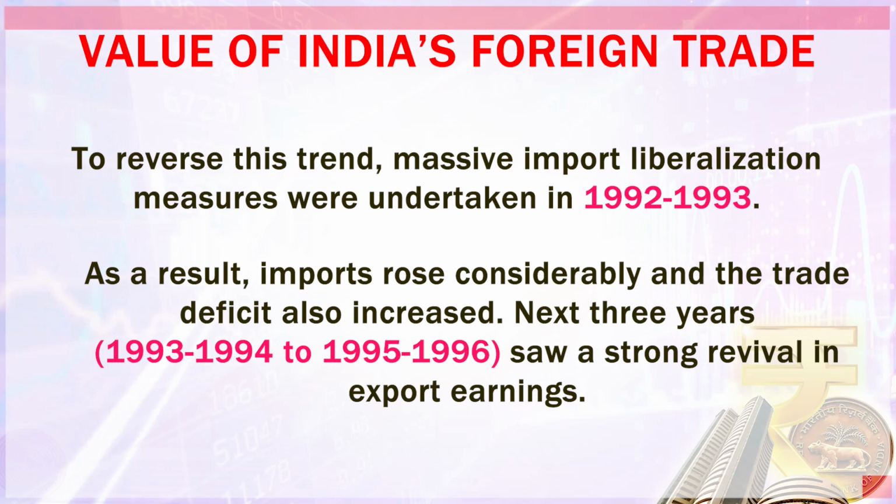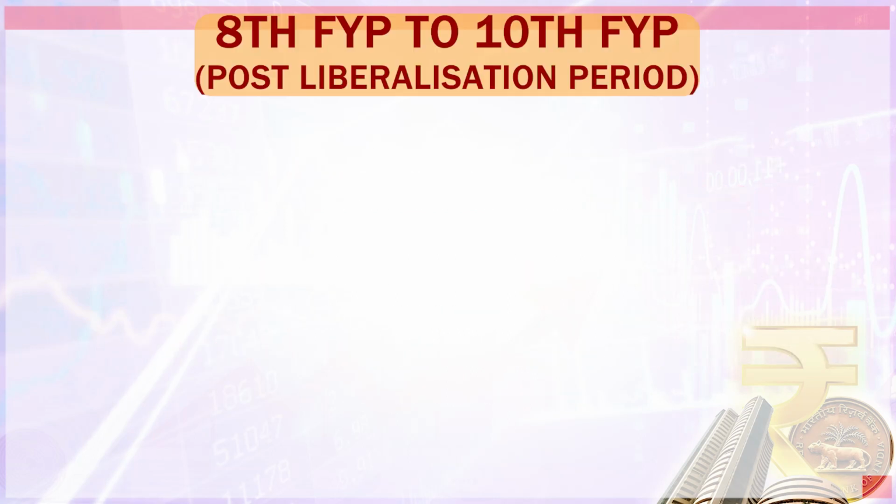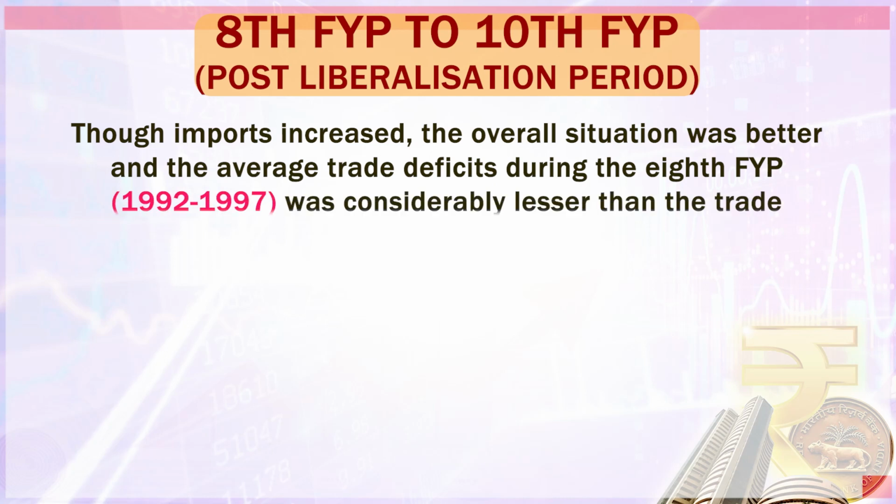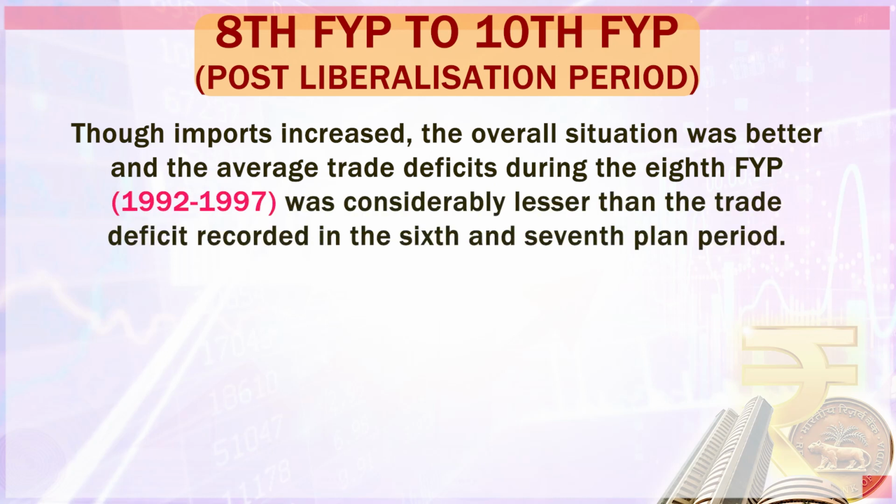However, the trade situation during 1992-93 was better than previous years. In the 8th five-year plan, that means from 1992 to 1997, the total trade deficit was lower than the trade deficit that prevailed in the 6th and 7th five-year plans.